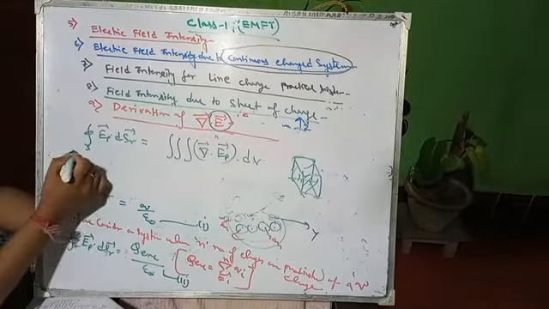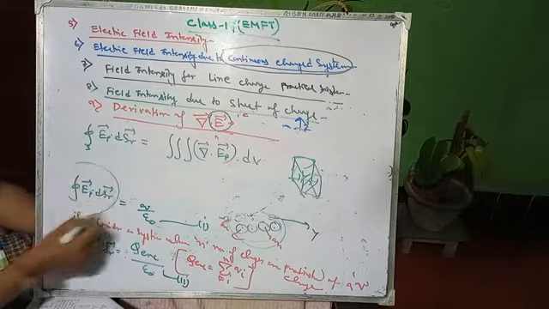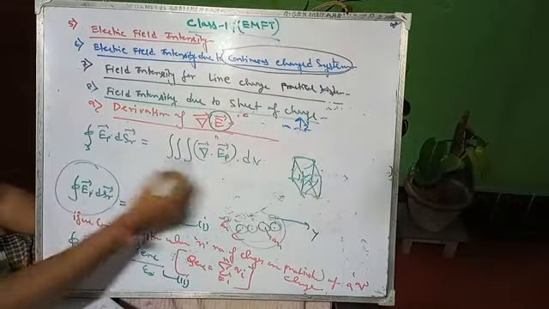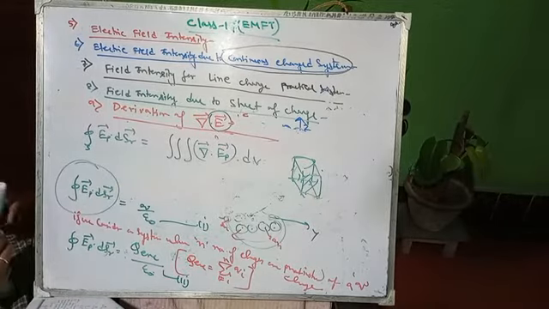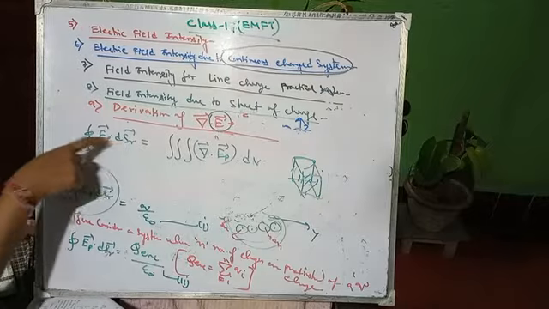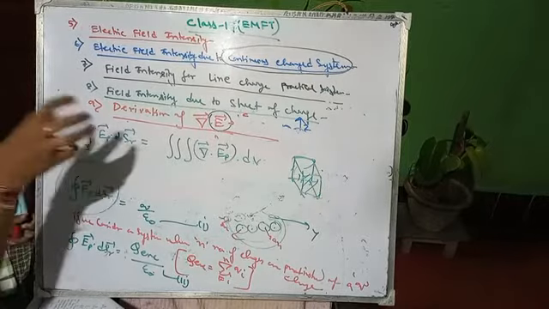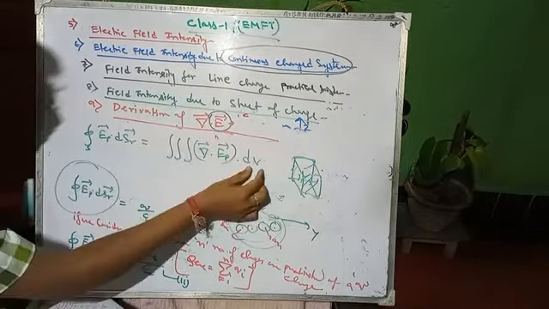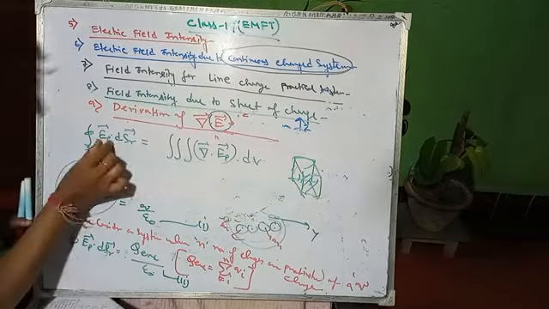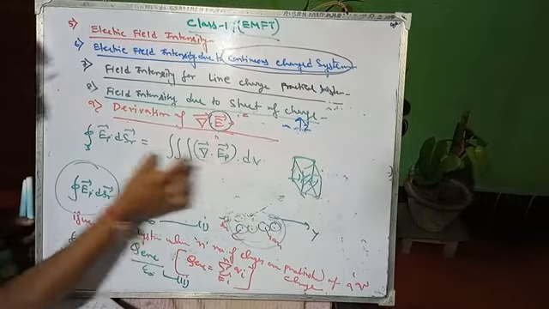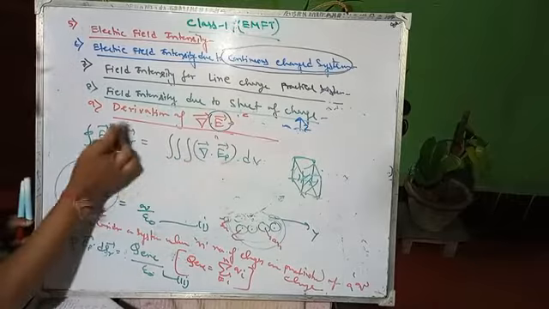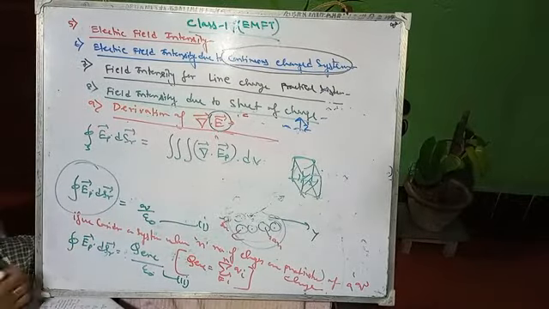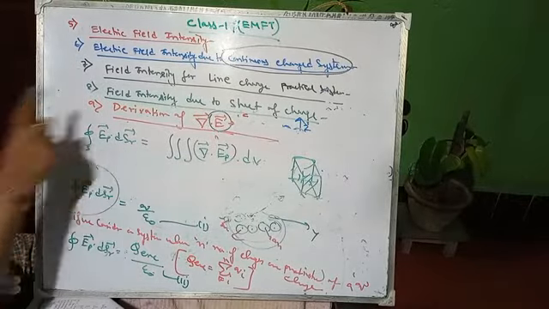That's why by applying the divergence theorem on the left hand side only, we get this expression, the divergence of that vector field over the volume enclosed by this closed surface.